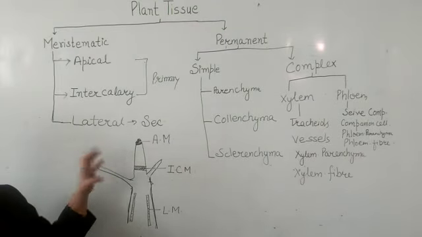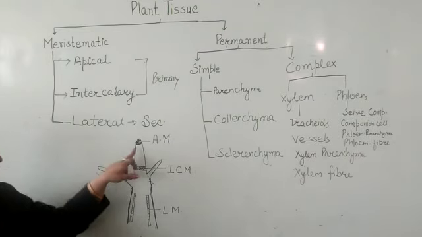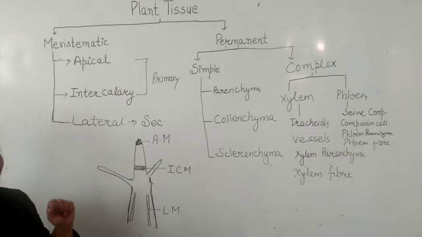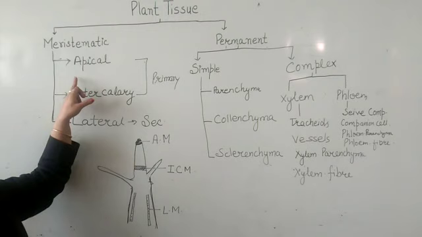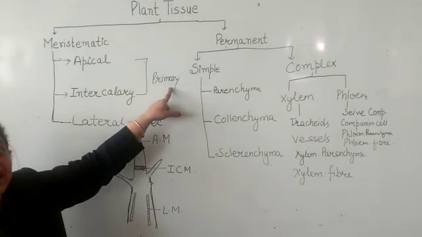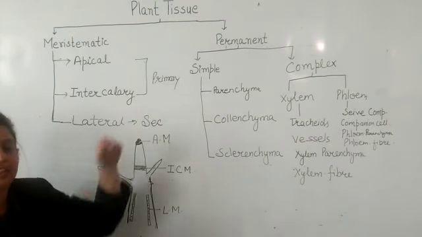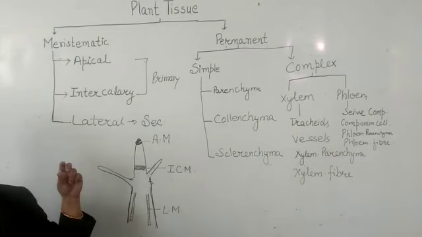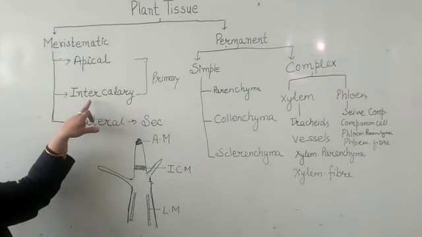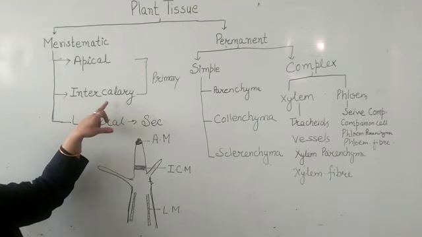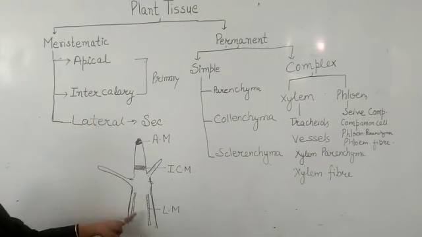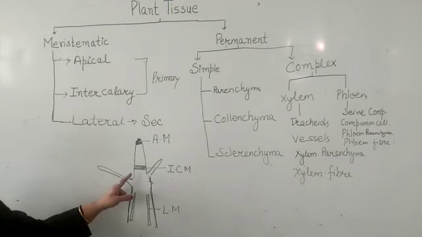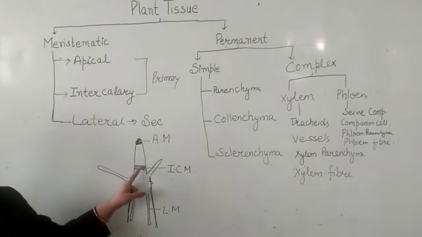The meristematic tissue which is present on the root tips or shoot tips is called apical meristematic tissue. It is responsible for the primary growth of the plant, that is, increasing the length of the plant. Coming down to the intercalary meristematic tissue. Children, you can see in the diagram that intercalary meristematic tissue is present in the internodal region of the plant.